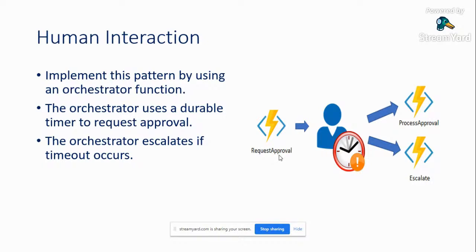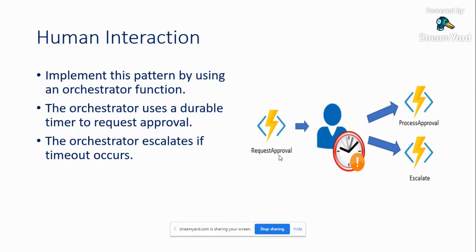If the person is not available at that particular time, then a timeout will happen. Once the timeout is done, we can call the escalate function, where this escalate function can have the contacts of even higher authorities, and we can send this request approval to that person.